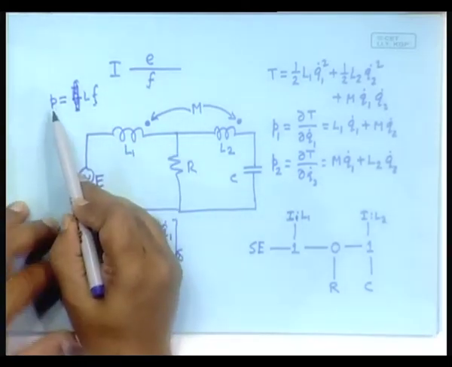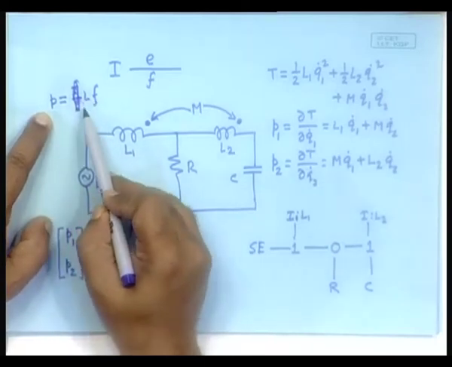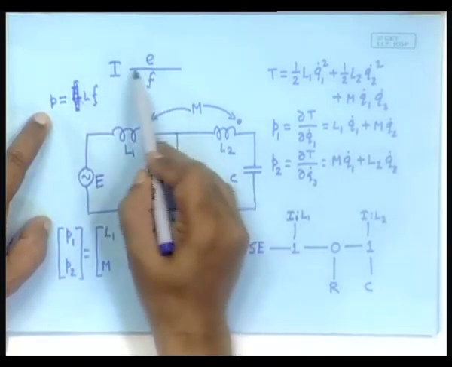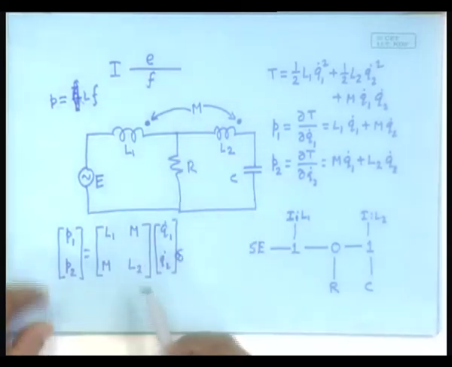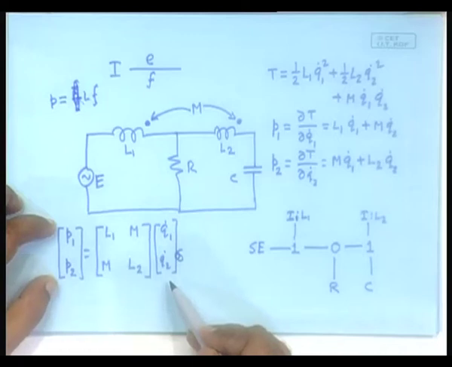So, in this case, the momentum is just this number times the flow in the same bond, which is why it can be represented by one bond. But here they become coupled in this matrix way.